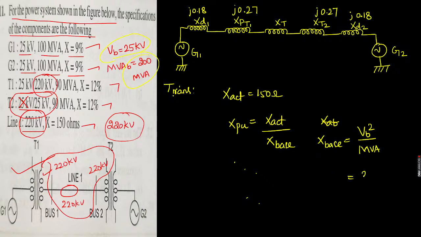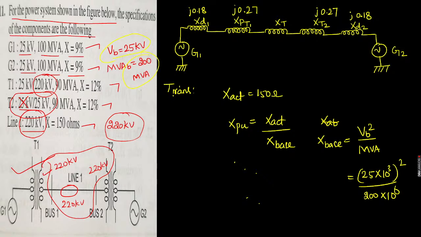MVA base is given as 200 into 10 power 6. Now calculate the per unit reactance of the transmission line and substitute in your answer. You will get the answer.